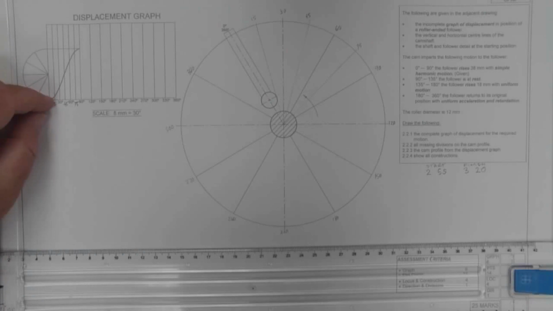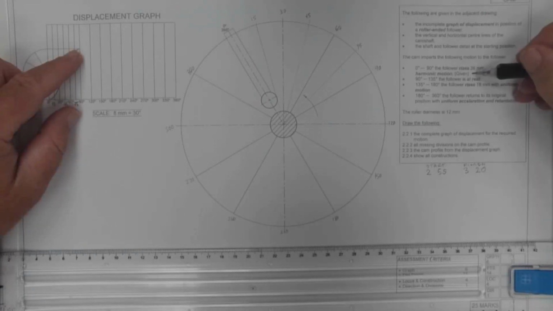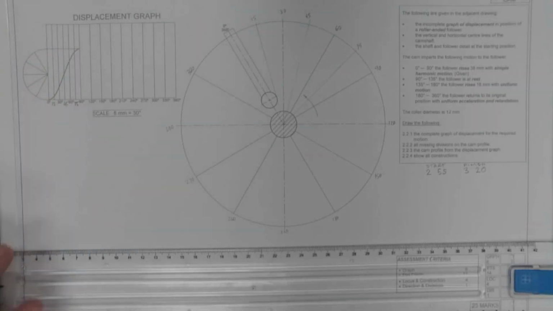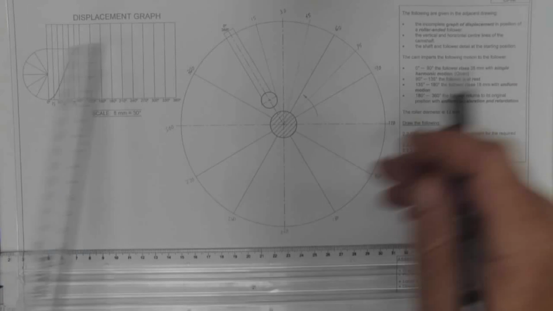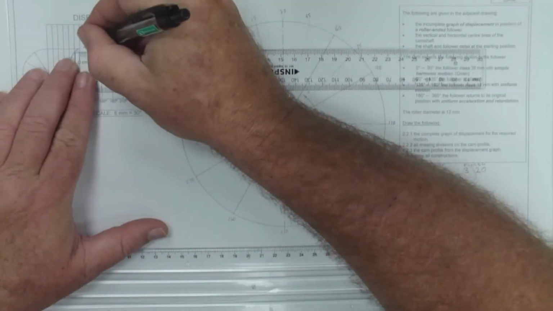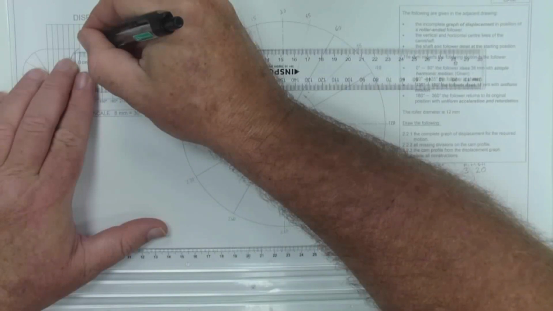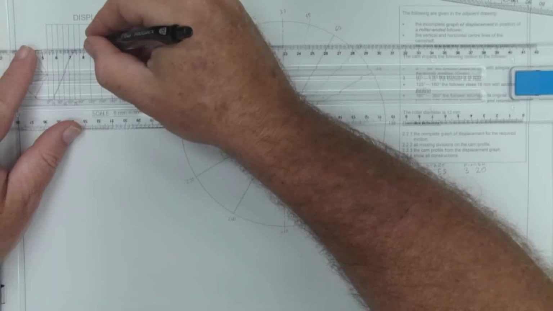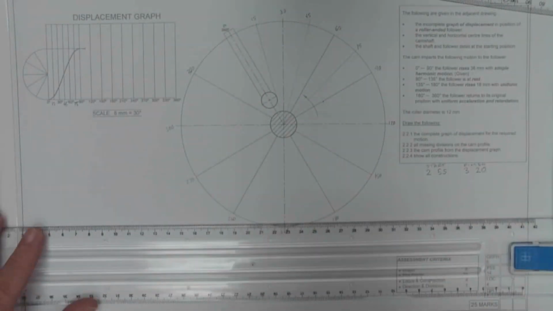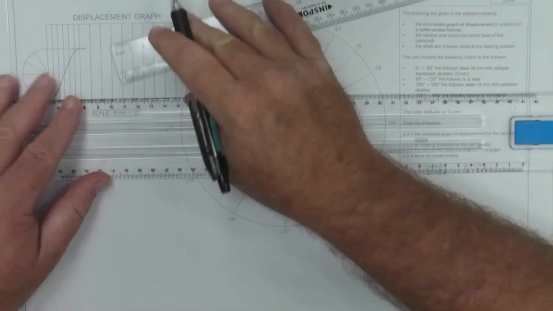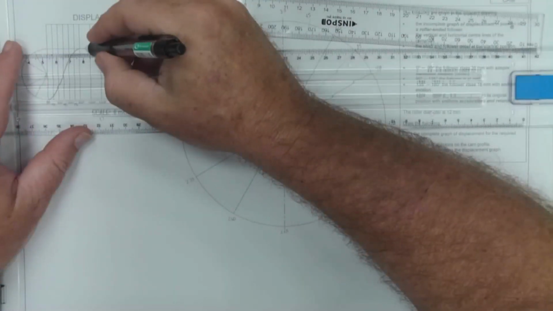This little aspect was given with simple harmonic motion. Now from 90 to 135, here we've got half a measurement. It's at rest. Okay, it's to 135, my apologies. It needs to go across.